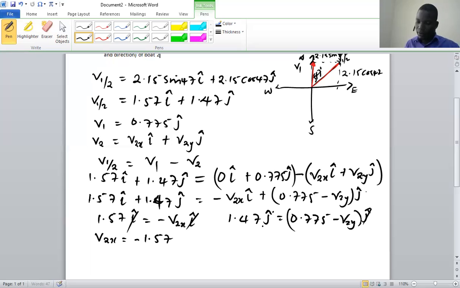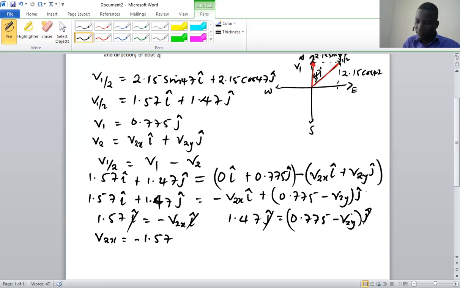The j goes, and the 0.775 comes to the other side as a subtraction: 1.47 minus 0.775, which gives 0.695.